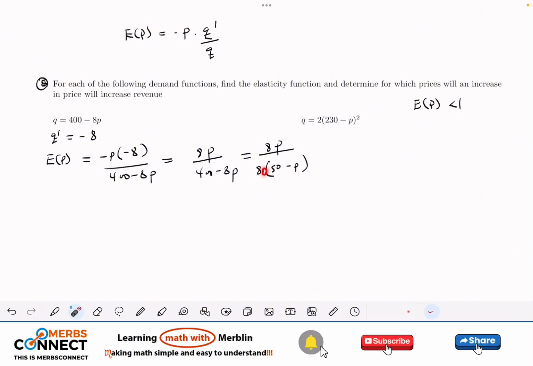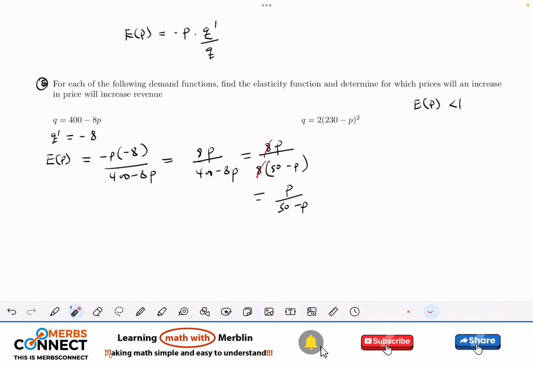And this 8 that I cancelled out here is multiplying the one in the bracket here. Good. So 8 will cancel 8, and I'm going to have it to be P divided by 50 minus P. If you cannot do the simplification, you can leave it here and you are done. So this is E of P. The next question is asking us to determine the price.